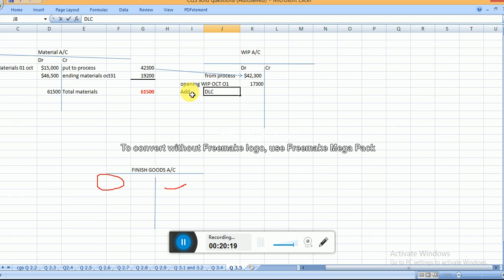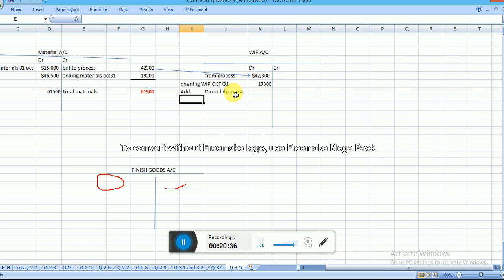But look at direct labor. For the direct labor cost, we now have two departments. One is department A and another one is department B. So first we will write the department A direct labor cost, then we will write the department B direct labor cost.